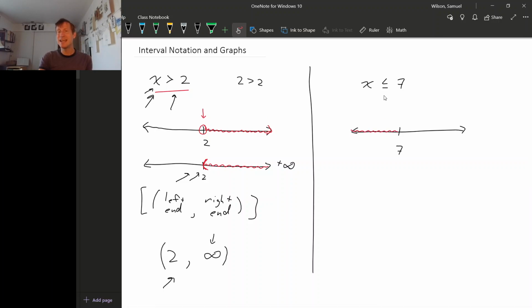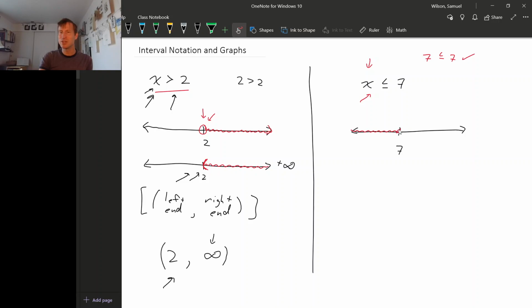Now we need to indicate that 7 actually is a solution to this inequality, because this inequality says less than or equal to. Since equal is allowed, 7 is okay for x. 7 less than or equal to 7 is a true statement because 7 is equal to 7. So we need to indicate on this graph that 7 is part of our collection of solutions. If it weren't, we would use an open circle.